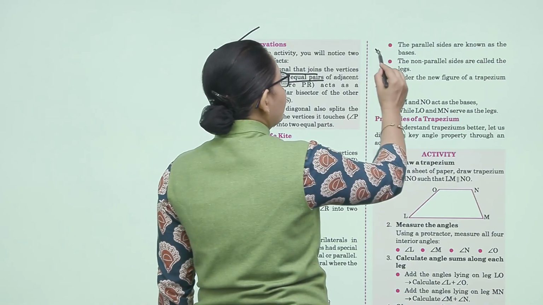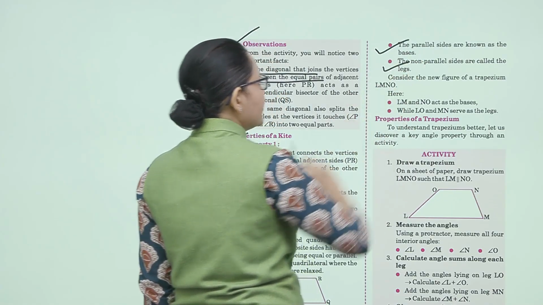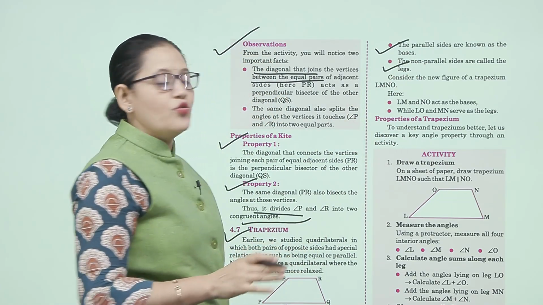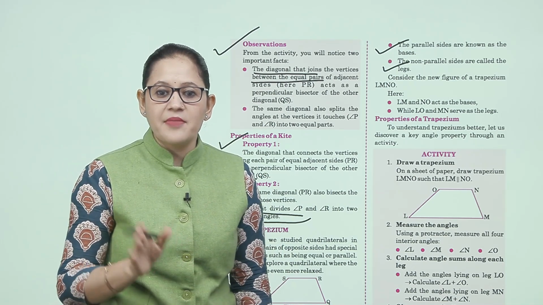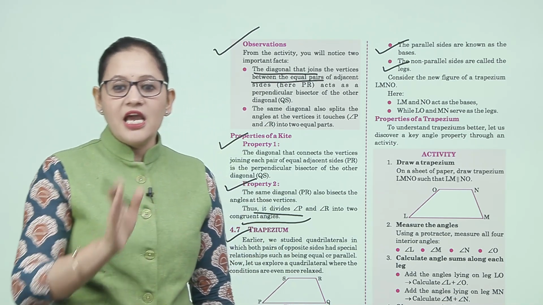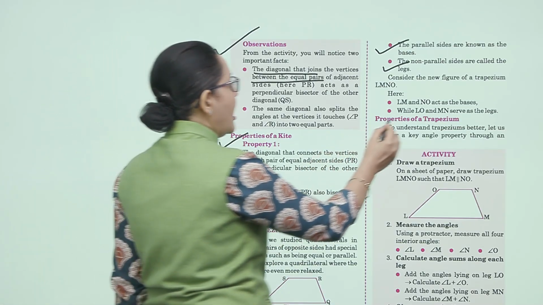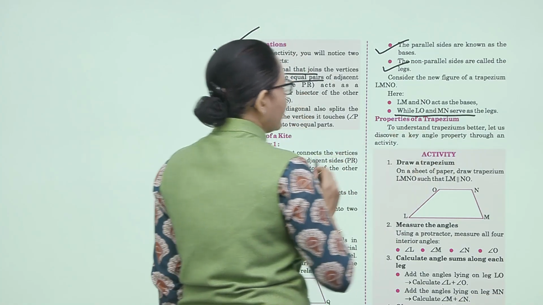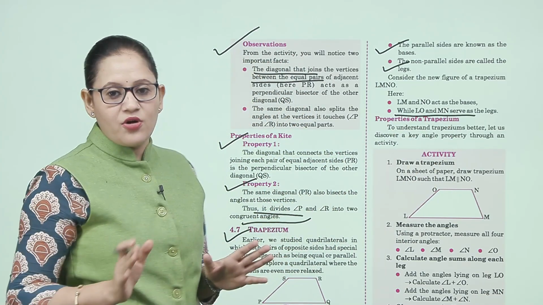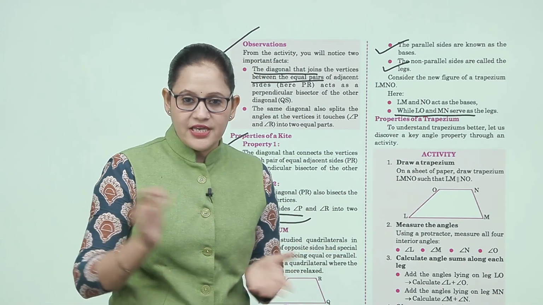The parallel sides are known as the bases and the non-parallel sides are called legs. Consider the new figure, trapezium LMNO. Here LM and NO act as the bases, while LO and MN serve as the legs. So, sides which are parallel are called bases and the other two sides are called legs.